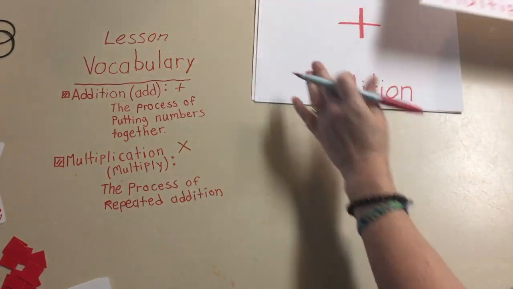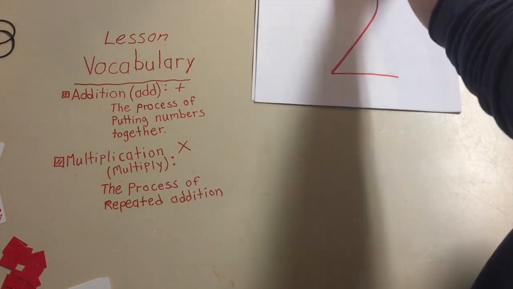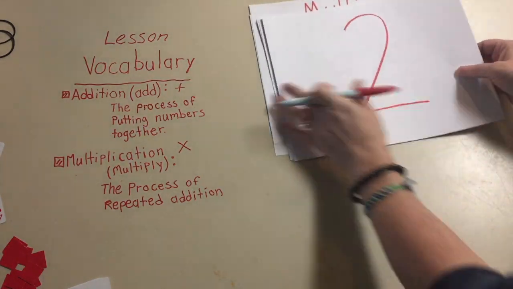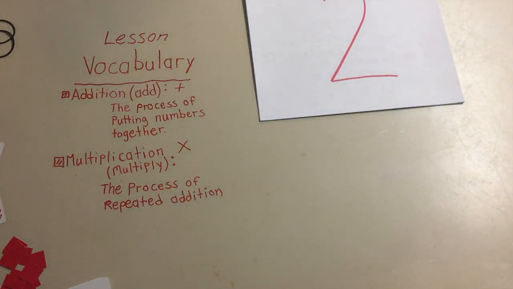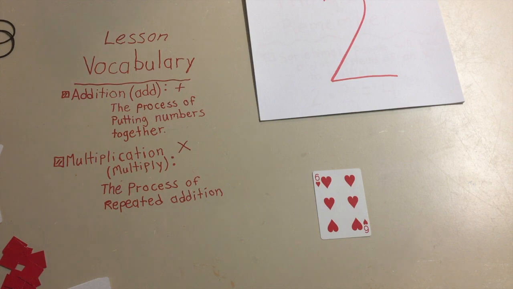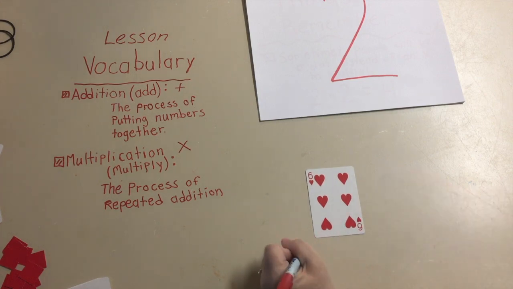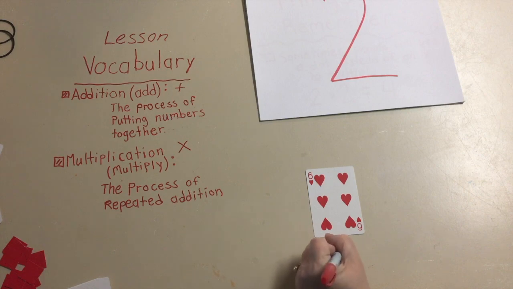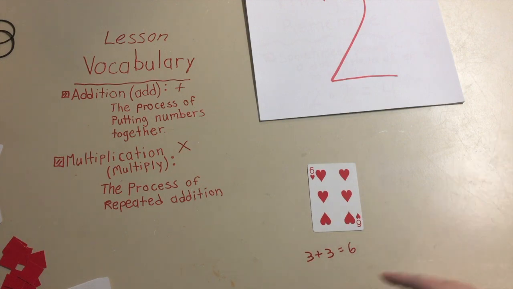So we are multiplying, and remember we said that we're working with groups of 2. So let's start with something simple. Miss Sky needs 6. Now, I could, of course, say that 3 plus 3 equals 6. Okay, sure. But what do I notice?